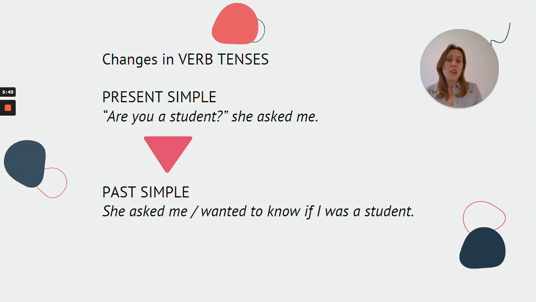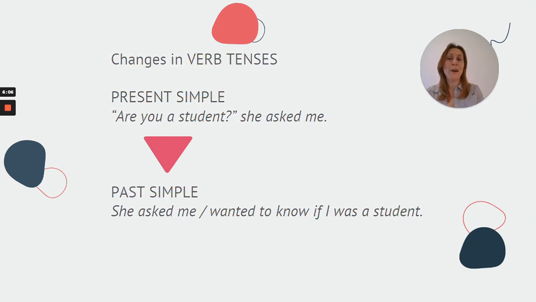Present simple changes to past simple in the same way as it changes when reporting statements. In this case, we are reporting questions. So, "Are you a student?" She asked me. Changes into she asked me, or she wanted to know if I was a student. So again, present simple changes into past simple.